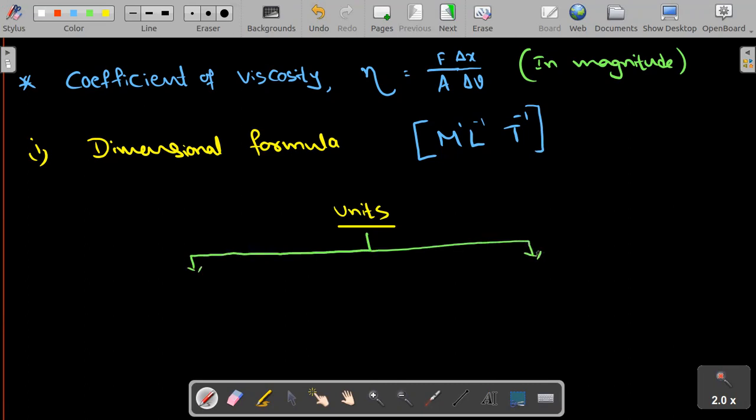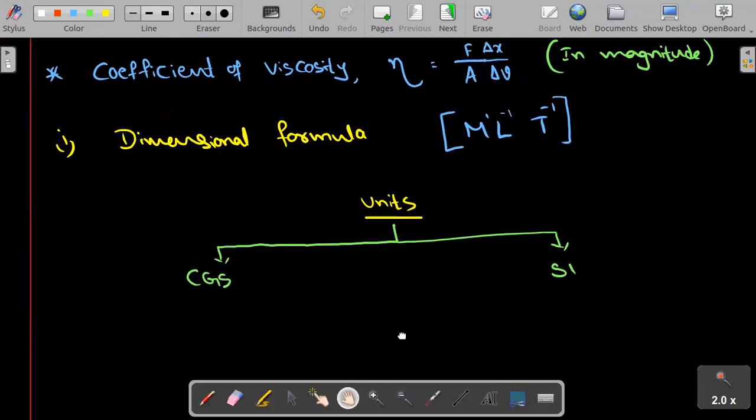Can someone tell me what the CGS unit is? Look at the formula and write down the CGS unit as well as the SI unit. If you see, eta involves force, position, area, and velocity. So what can you write for the CGS unit of eta?